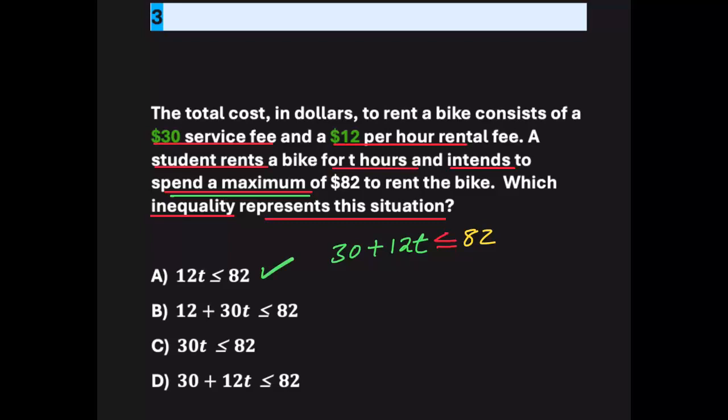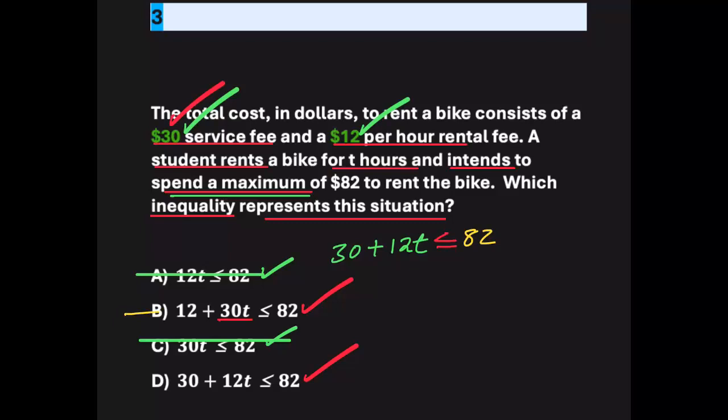Choice A does not have the service fee, so we're going to eliminate that one. Choice C does not have the rental fee. Get out of here. We have B and D to choose from. For B, you look here. The service fee is independent of the time. You cannot multiply the service fee and the time.